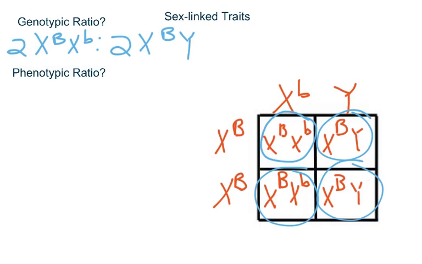So do they have the trait or don't they have the trait, or are they carriers? So remember, females are the carriers. So if we're looking at the first genotype, that would be a carrier. So you would say 2 carrier females to then 2 normal vision males.